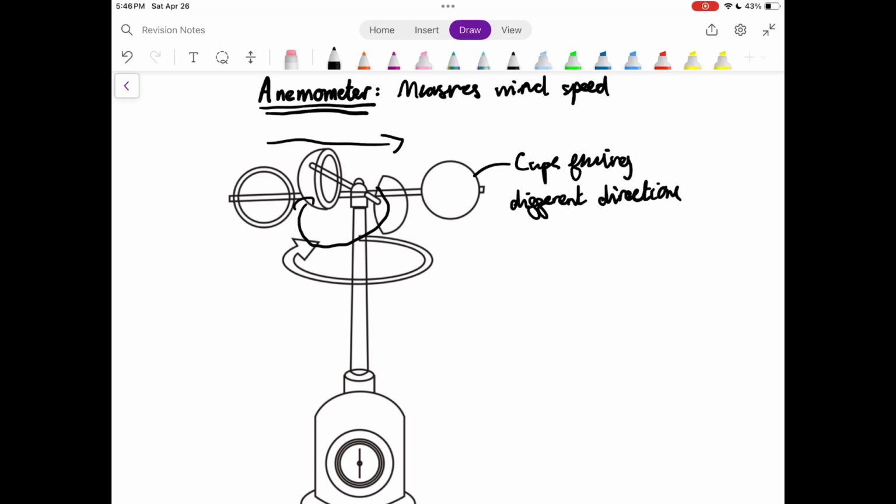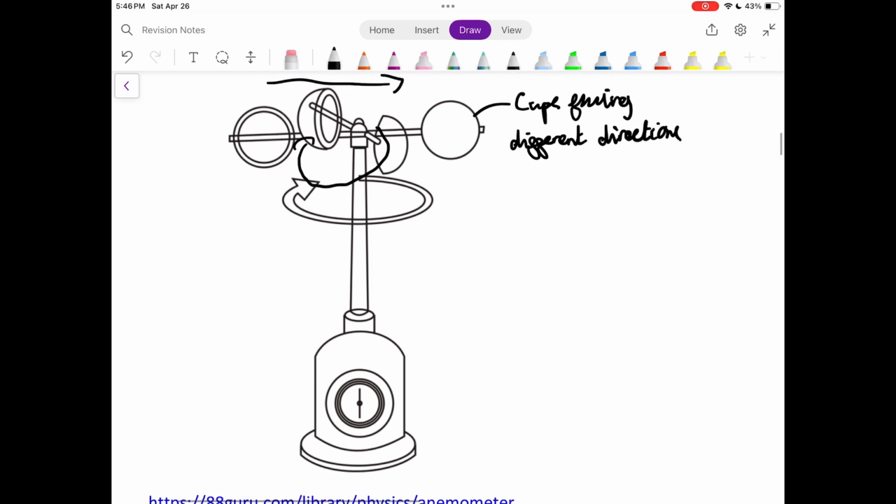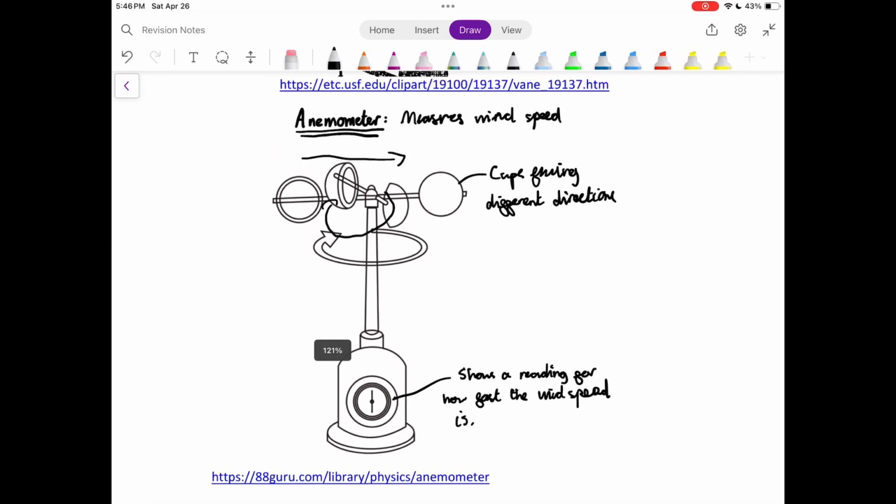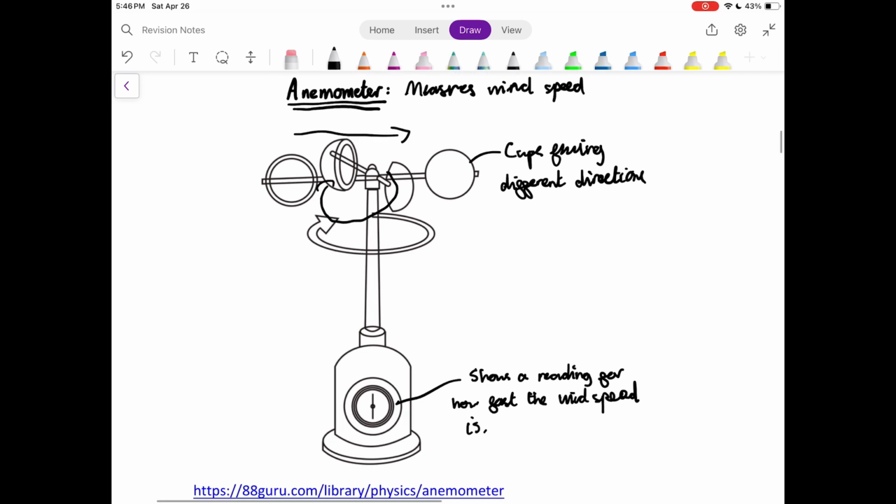Depending on how fast the cups rotate, there will be a meter here, and this meter shows a reading for how fast the wind speed is. Okay, so that's all you need to know for anemometers.